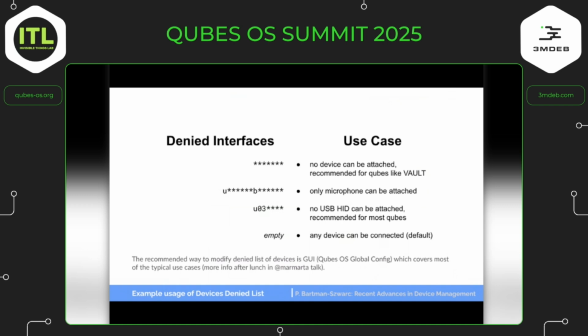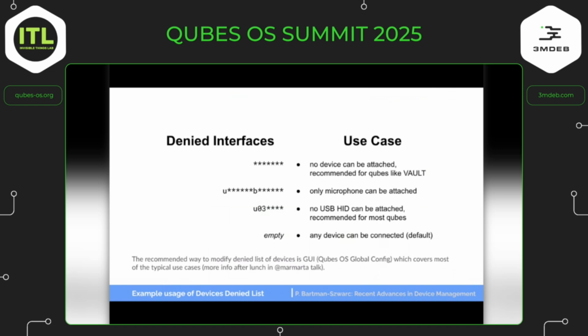Of course, we can always bypass it by using the force flag, but we are already warned that something is not as we think it is. For example, if we have some USB stick which is also a keyboard, and we want to attach it to the VM for some reason, not only as a block device but the whole USB stick, it will be blocked if it's also a keyboard.